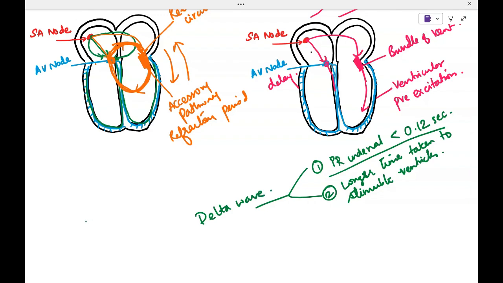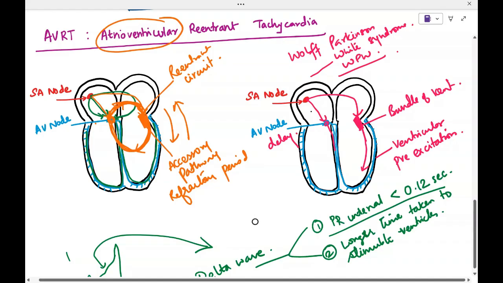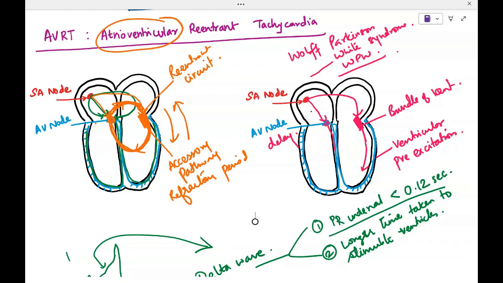So there is a P wave and then a slurred upstroke, and this is the delta wave. Now it's important to know that what I have shown here is not an AVRT. This is a normal sinus rhythm in a patient with WPW syndrome, where we will see a delta wave and a PR interval less than 0.12 seconds.